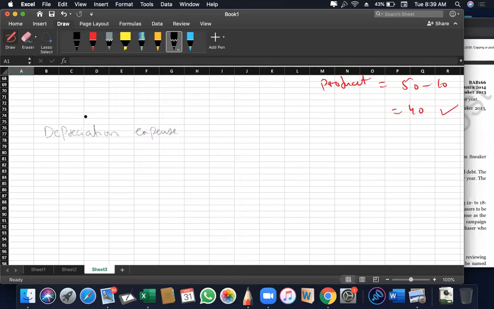So depreciation is charged on fixed assets other than land.